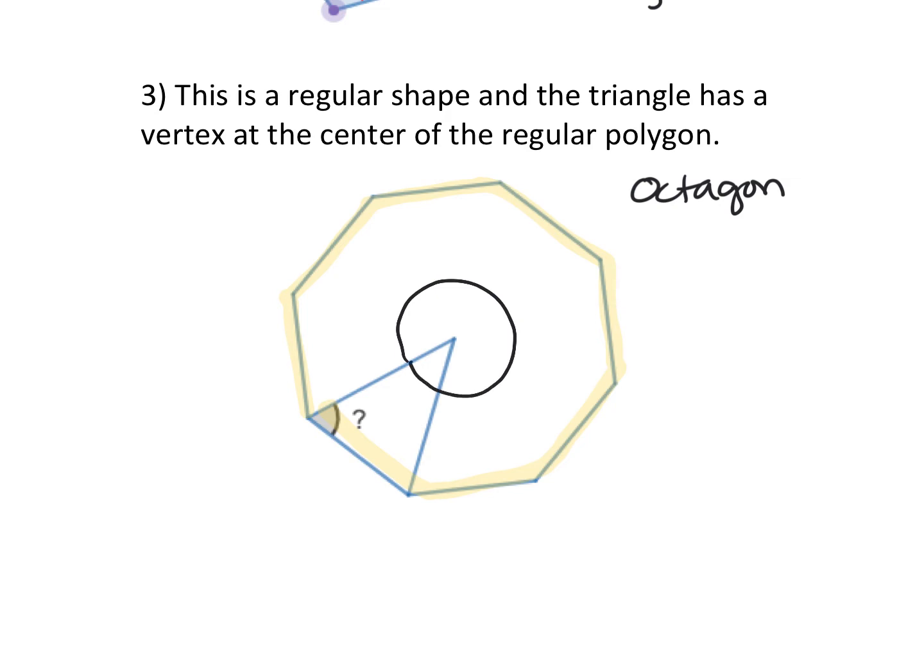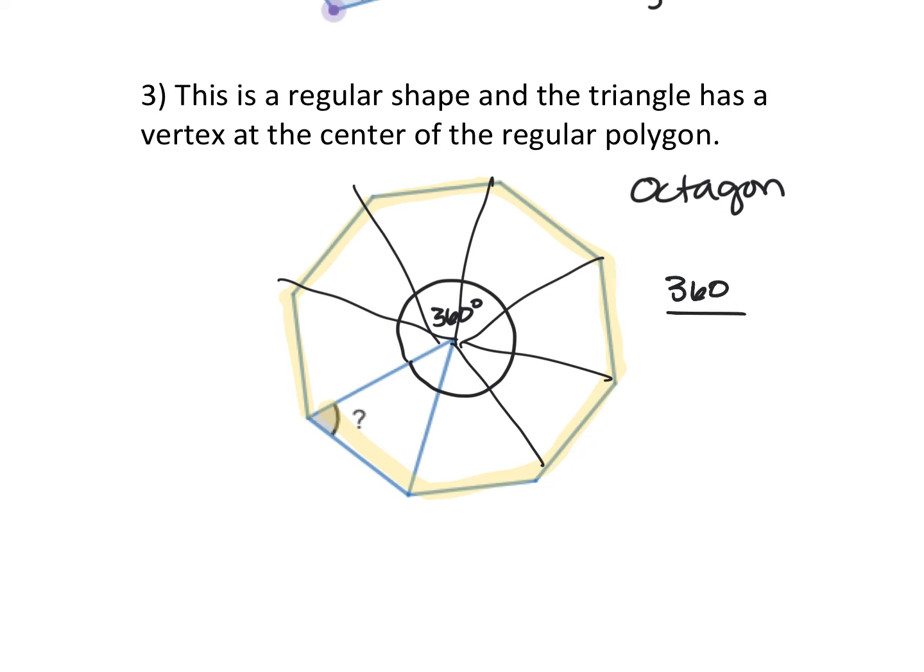So there's 360 degrees in this whole thing. But since it's regular, and that's super important here, there's going to be 8 of those angles right there, and so I can say 360 divided by 8 is going to get us 45 degrees.